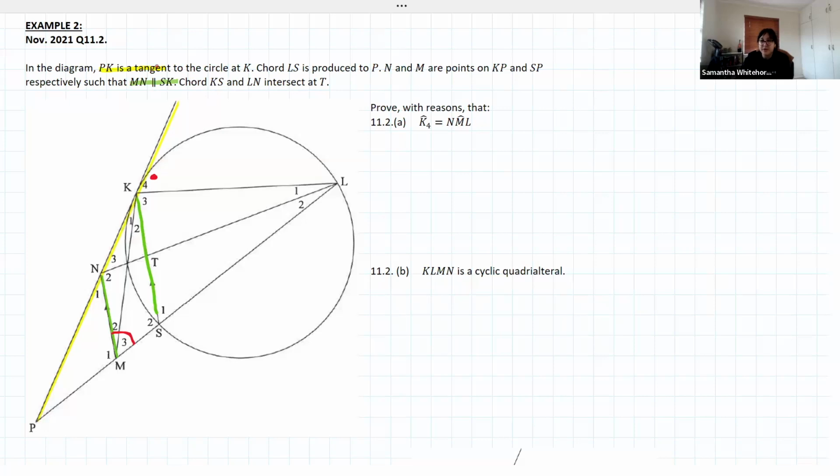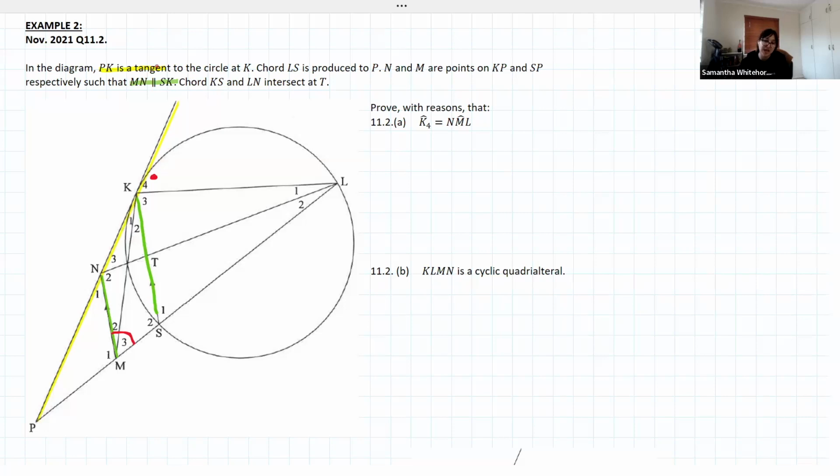And remember, every bit of information we've given you is useful. We don't give you useless information. So the tangent information is useful, and the parallel line information is useful. Okay, I've got a suggestion of tan chord. I agree.